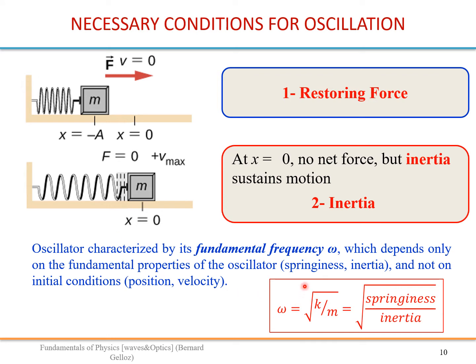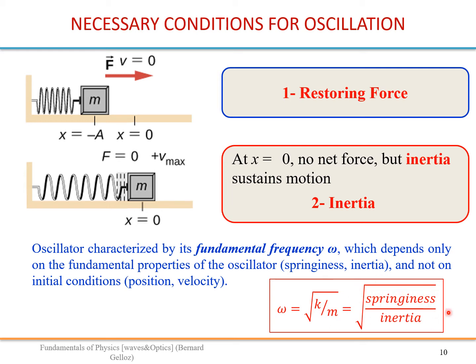actually show up in the fundamental frequency omega, square root of k divided by m. So m is the inertia. You know that, I suppose now. Inertia in classical mechanics is a mass, and k is in the restoring force, F equals minus kx. So k is the parameter corresponding to the restoring force, which is sometimes called the springiness.